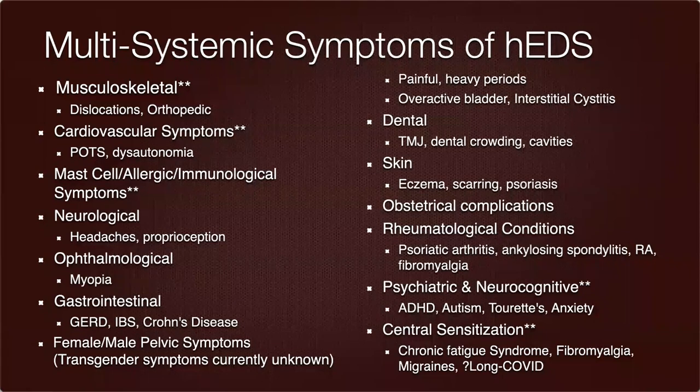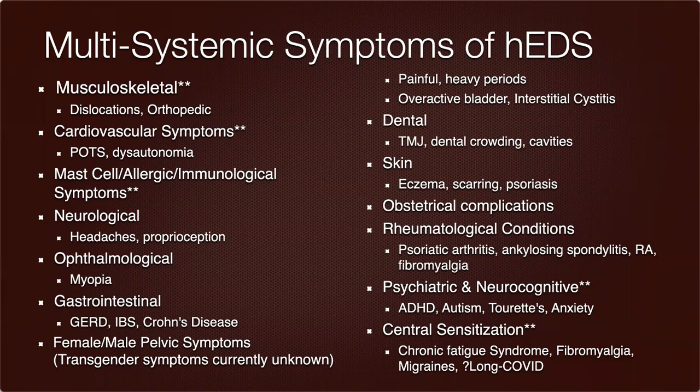One of the things in the neurological that's not always well understood is proprioception, the sense that one has within one's body of their position. That is actually decreased in a lot of people with hypermobile EDS and all EDSs, possibly multiple different types of hypermobile genetic disorders, but definitely in this one.